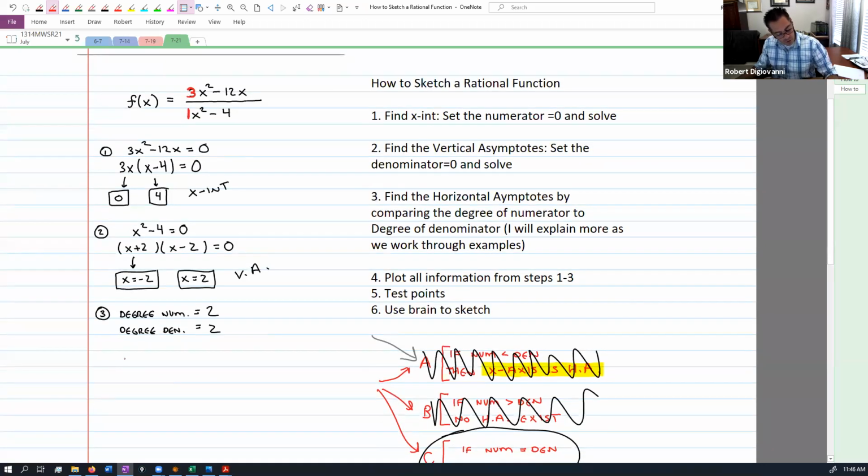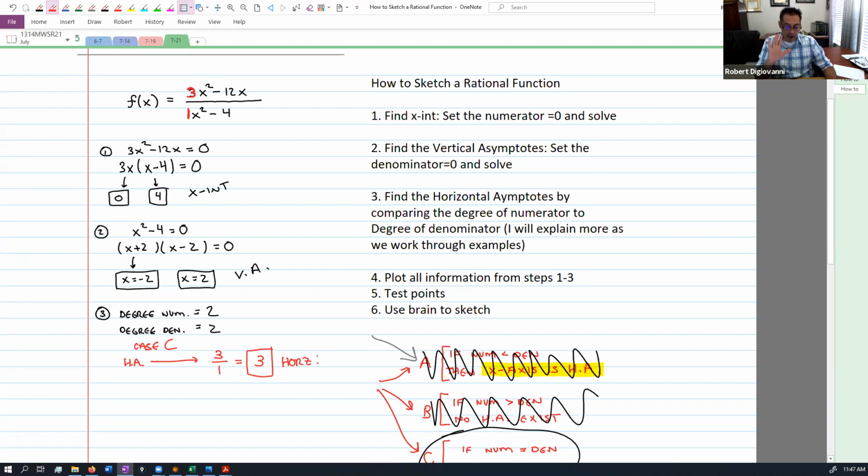So your horizontal asymptote in this case, this is case C that we're looking at, will be equal to 3 divided by 1. 3 divided by 1 is 3. This is your horizontal asymptote. Now, I will help you when we go to graph it. I'll show you where that's going to be on your graph.